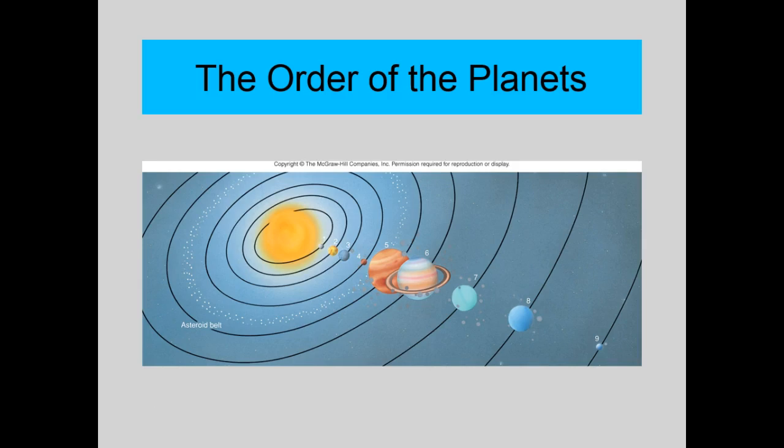Now this picture is not a good one because it lists Pluto, and Pluto shouldn't be there. Here's another reason Pluto shouldn't be there. All the others are in close to circular orbits. They're elliptical orbits, but their degree of being ellipses is pretty small.